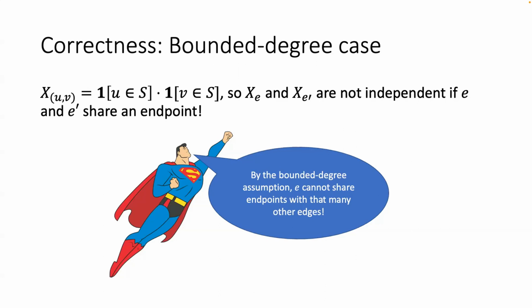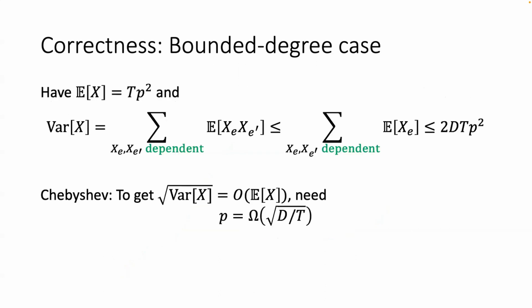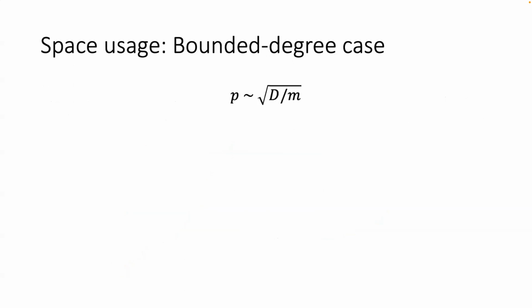You can work this out with Chebyshev, using a kind of bounded independence argument: it's independent of all but a constant number of the other variables. Roughly, that means you need a square root D factor in the number of vertices that you sample. So that's why there's this extra square root D factor showing up in the space usage.